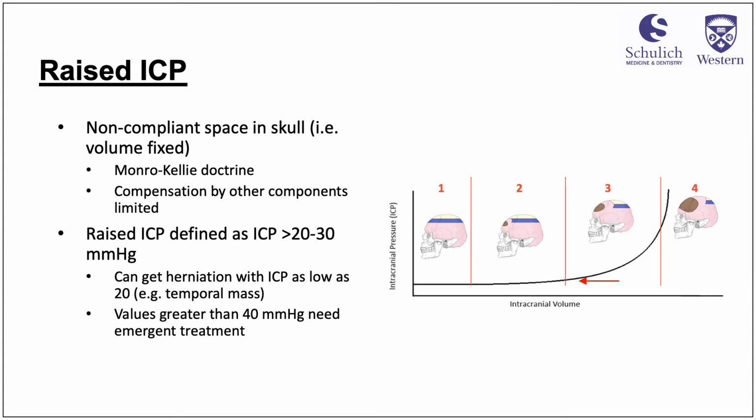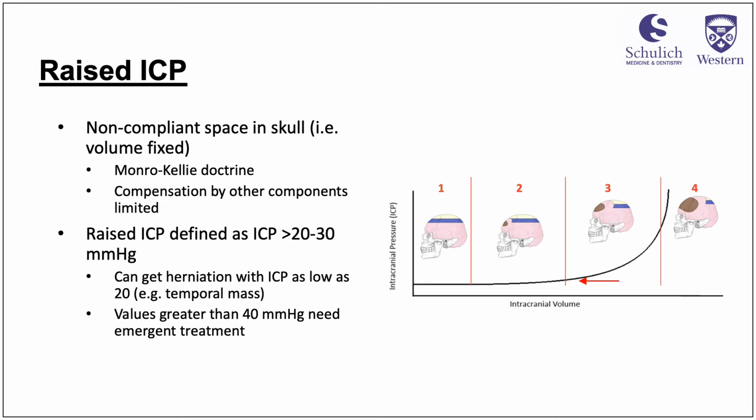As I just mentioned, the skull is an enclosed space that's non-compliant. And so the volume is fixed, and this leads to the Monro-Kellie doctrine, which is that the volume of the skull is a representation of the three components that we already mentioned, and that an increase in one of the components has to be met by a decrease in another component, or you get an increase in your ICP, or the pressure.